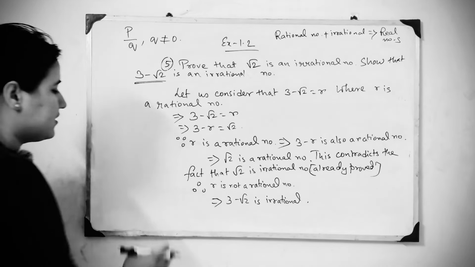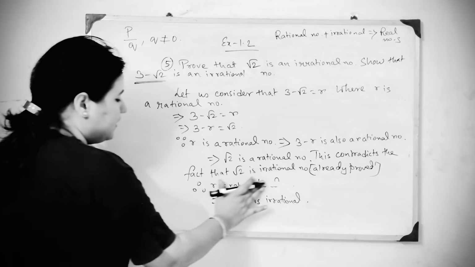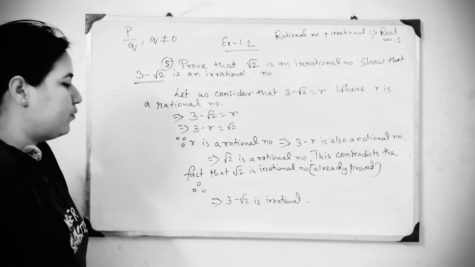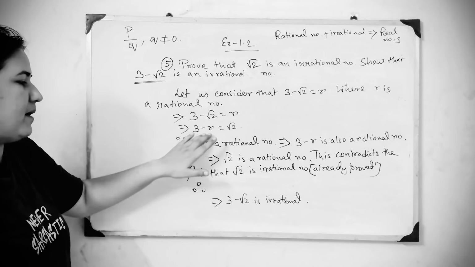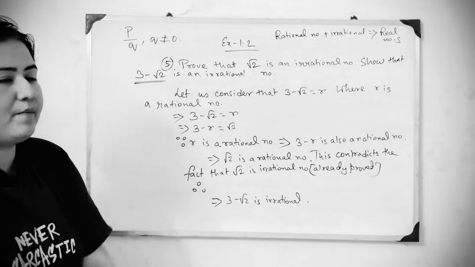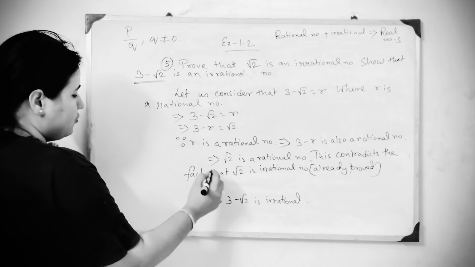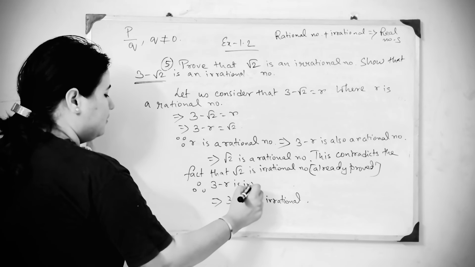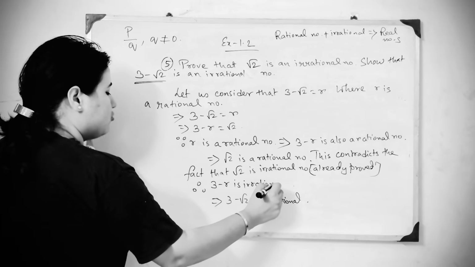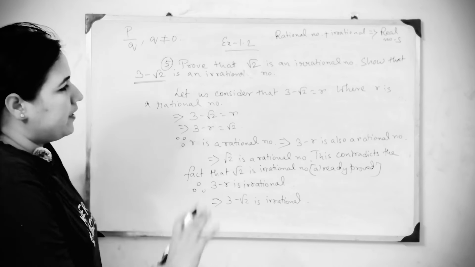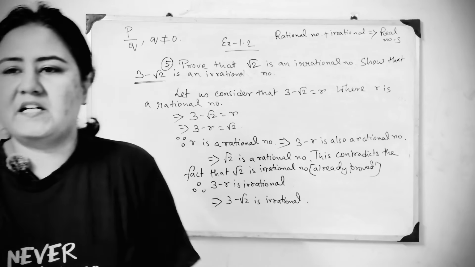You might skip this step; directly you can write that since root 2 is irrational, 3 minus r is irrational, which implies that 3 minus root 2 is irrational. So I hope this proof is clear to you.